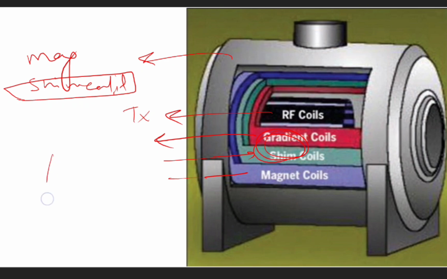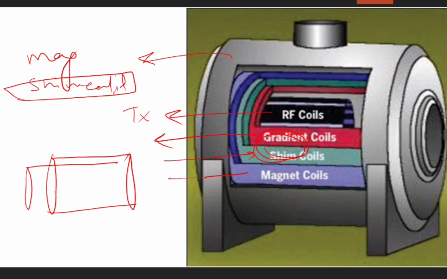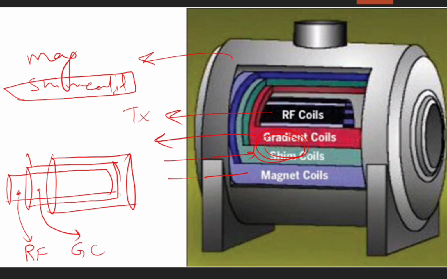Suppose this is your MRI magnet; inside the MRI bore there will be another coil, called the gradient coil. Inside that there will be one more coil, this one is your RF transmit coil, this one is your GC gradient coil, and this outer one is your magnet.